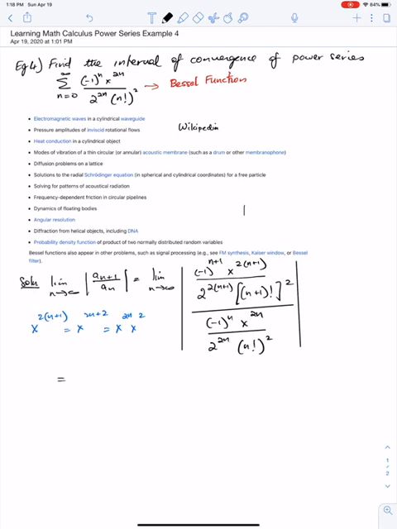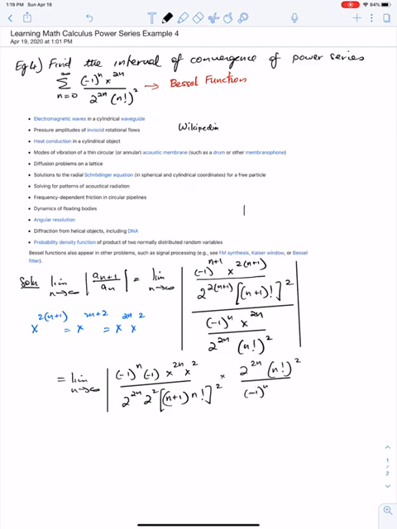So this is equal to the limit as n tends to infinity of (-1)^(n+1), right, x^(2n) times x squared, all that over 2^(2n) times 2 squared, (n+1) times n factorial, the whole square, times, and I'll flip the denominator, 2^(2n) (n factorial) squared over (-1)^n x^(2n).